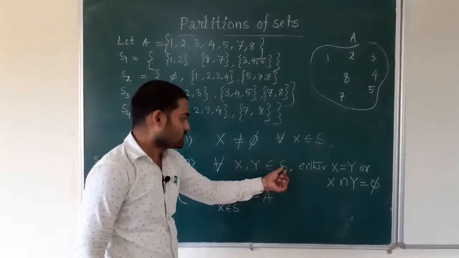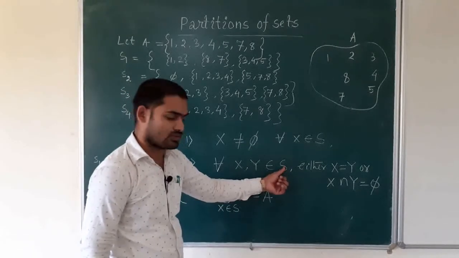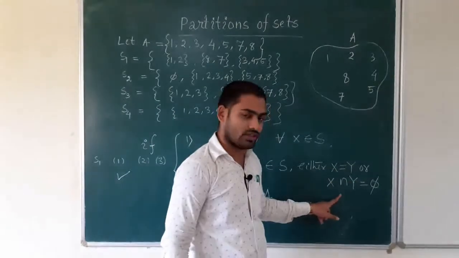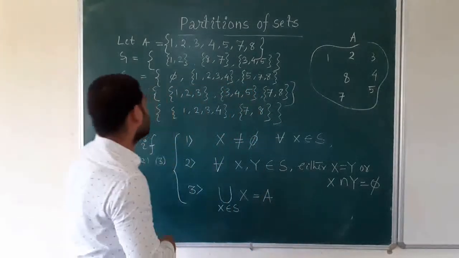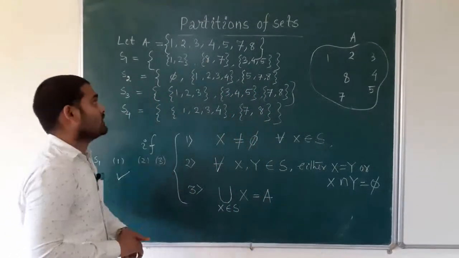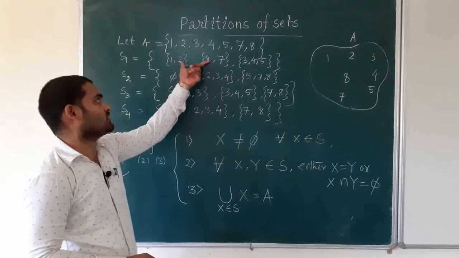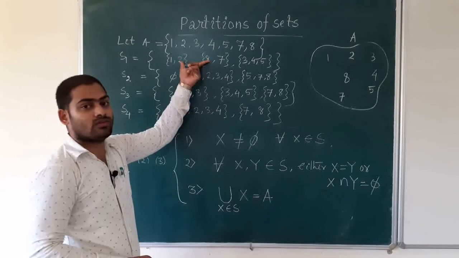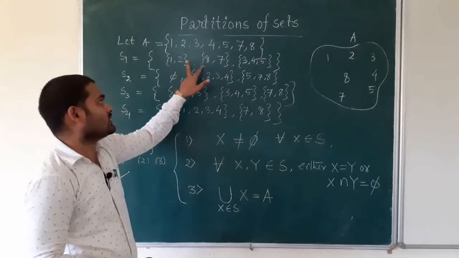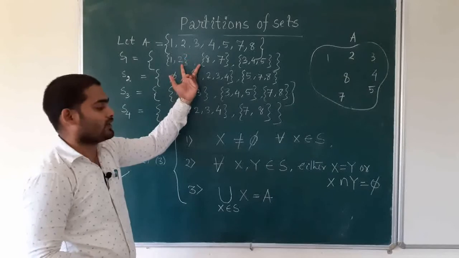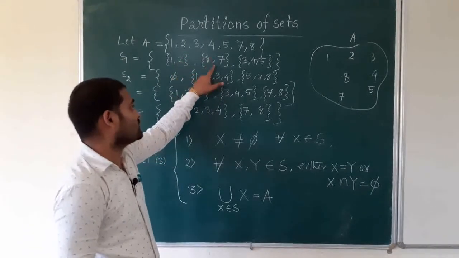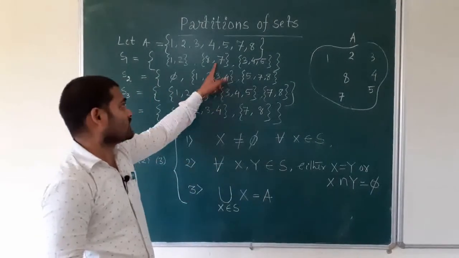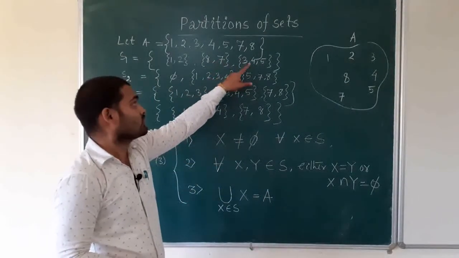Now the second condition: for every two sets belonging to the collection S, either they are identical or disjoint. Take these two and find the intersection. No element is common, so phi means this set and this set are disjoint. Take these two, any common element?